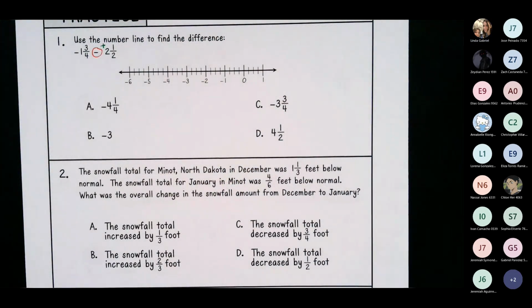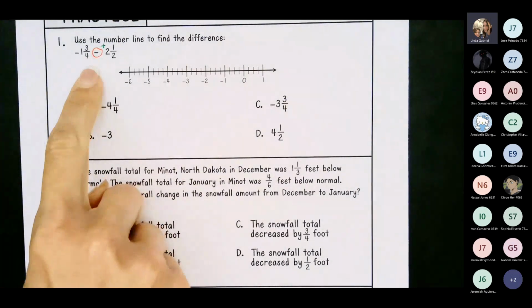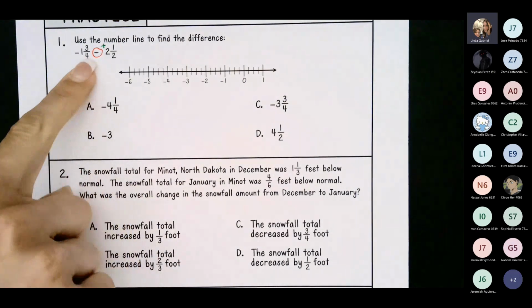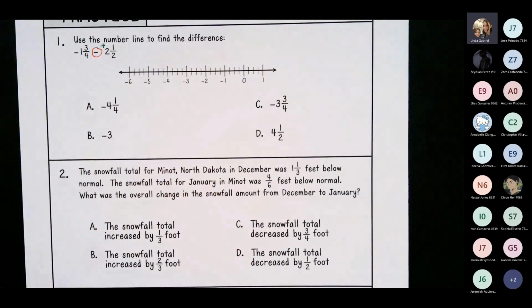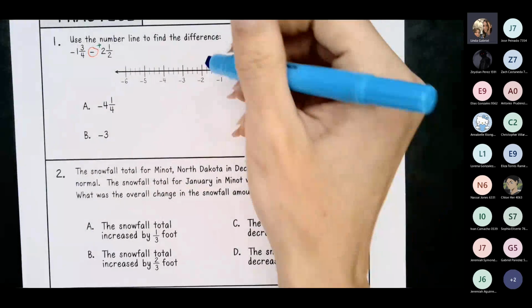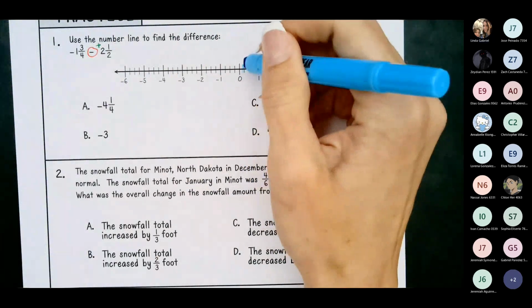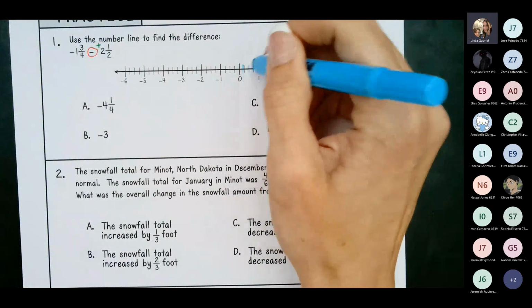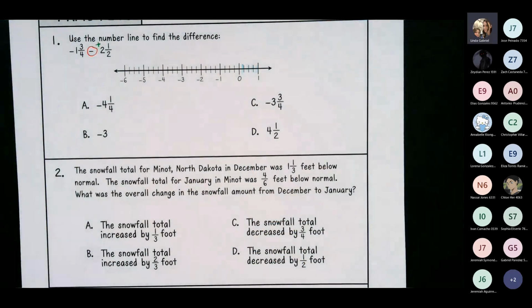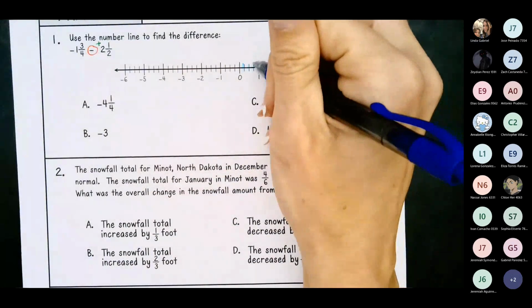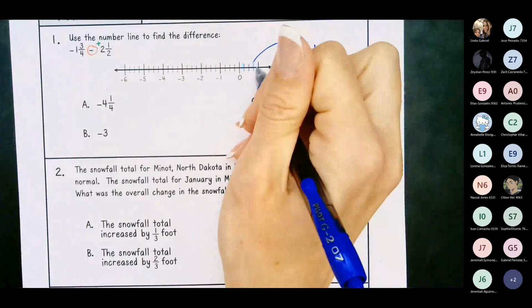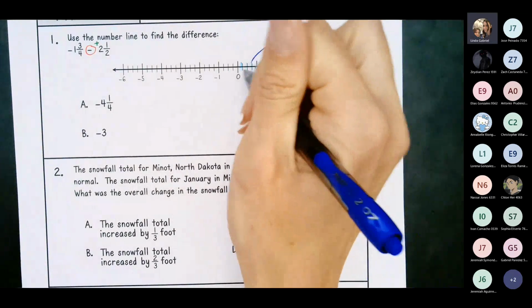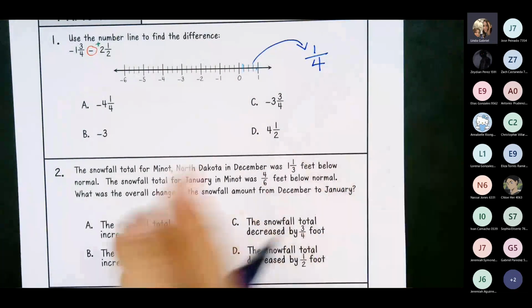Okay, so I have negative 3 1/4, negative 1 3/4. So I'm going to check out my number line, see what I have. My sections are divided into 1, 2, 3, 4 parts. So my small lines are going to have a value of 1/4, right? Divided into 4 sections, each one is worth 1/4.